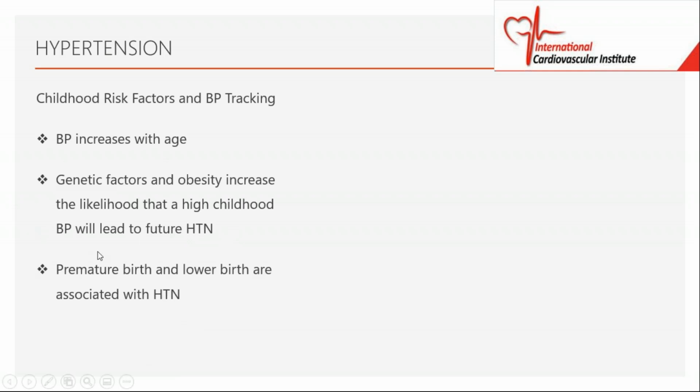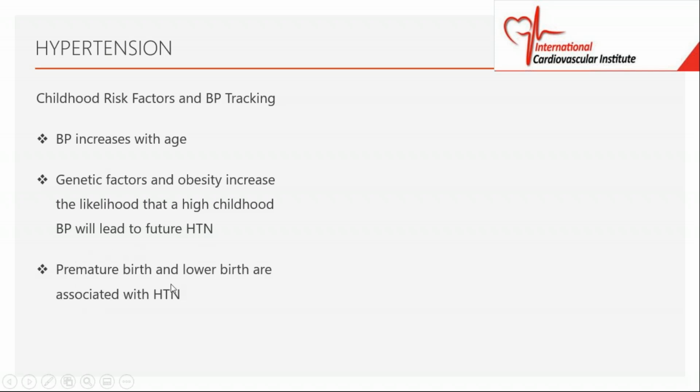hypertension. As we said before, if we look at kids, kids who have higher blood pressure usually go on to develop hypertension. There's a genetic factor; obese kids, if their blood pressure is elevated, will develop future hypertension.